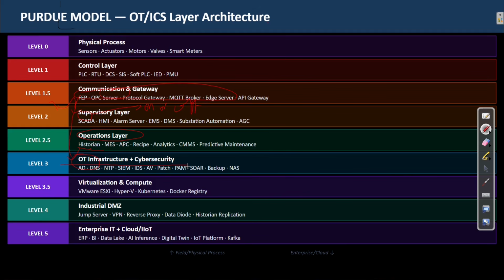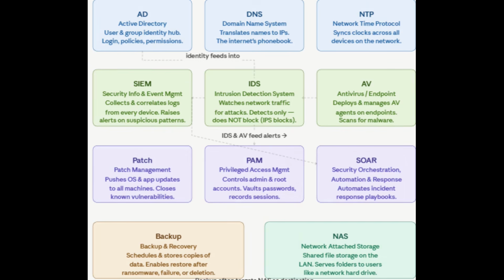Like which components are we using here? You can consider AD, that means Active Directory, domain name server, NTP server, SIEM, IDS, antivirus, patch management, PAM, SOAR, backup, NAS server. So these are the components we are using at this particular level.